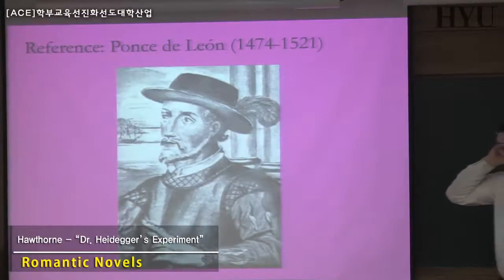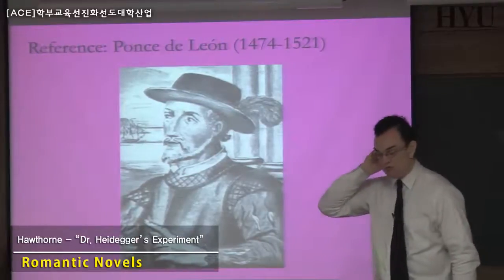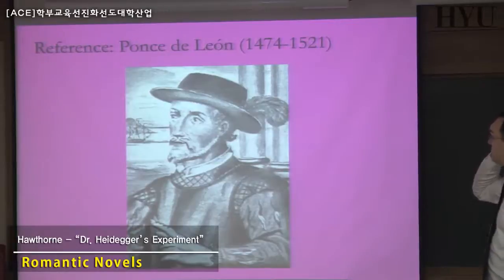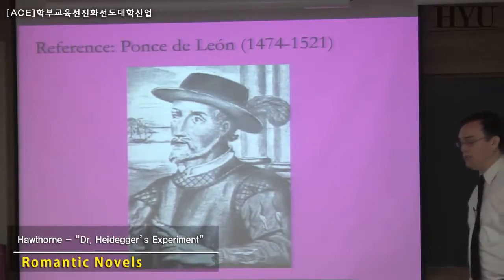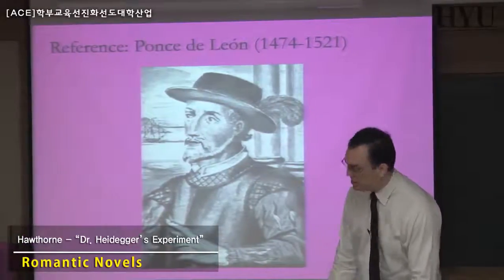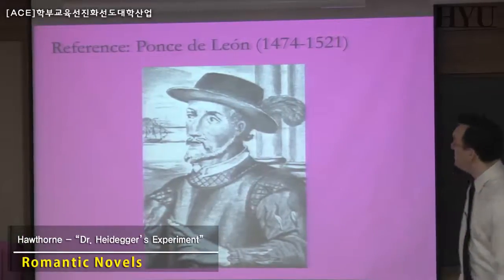And of course, one of our central metaphors in here will be the water of life or the water of youth, and this myth that is attached to this guy, Ponce de Leon, a Spanish explorer.